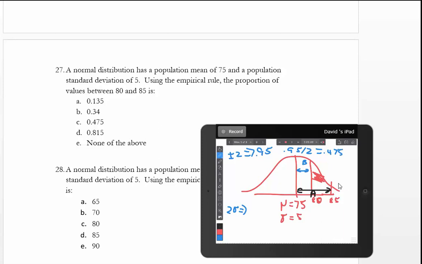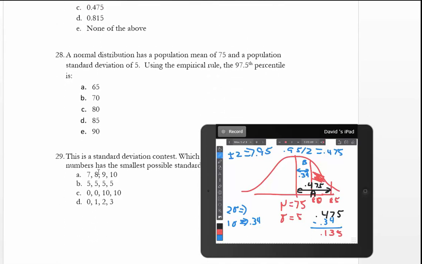So area A is 0.475. Area B, from 80 to 75, is 1 standard deviation. And if you go 1 standard deviation in one direction, that's going to be half of 68, or 0.34. So this part is 0.34. So the final answer is going to be 0.475 minus 0.34, which is 0.135, and that's A.